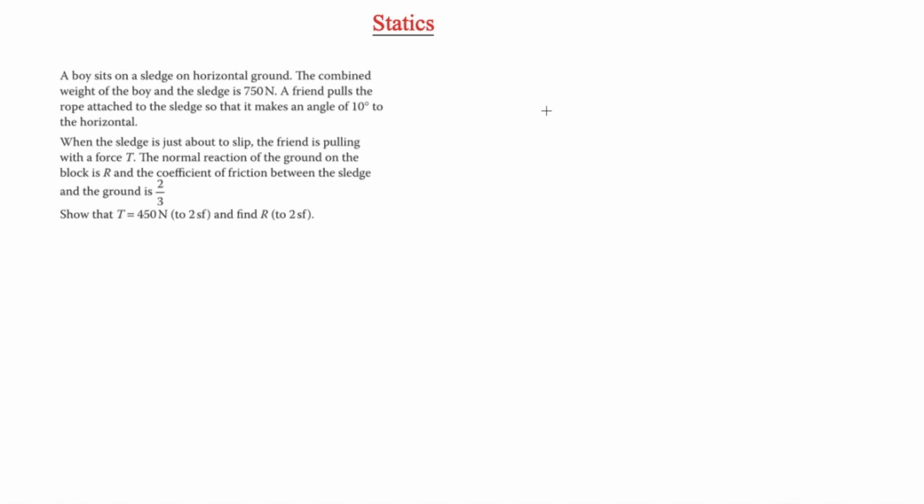So if we have our sledge here, and that is 750 newtons, which means it is exerting a force of 750 newtons downwards, and then upwards we have this resultant force.